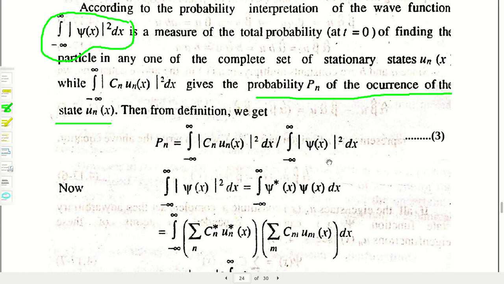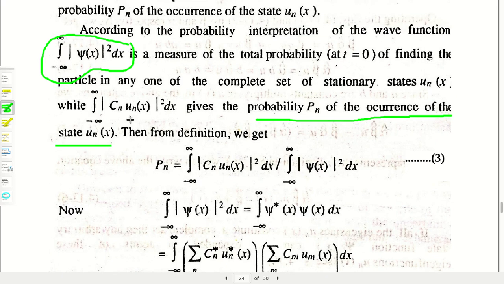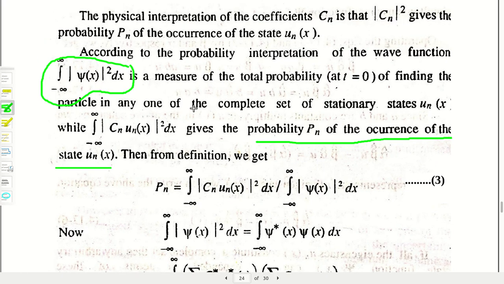I have not written that formula in a statistical manner, but here the formula means the same. What is that? See, we are going to find the probability of occurrence of the system in the un state. Now on the right side you can see, as we know, the probability of finding the system in quantum mechanics is nothing but the wave function squared.